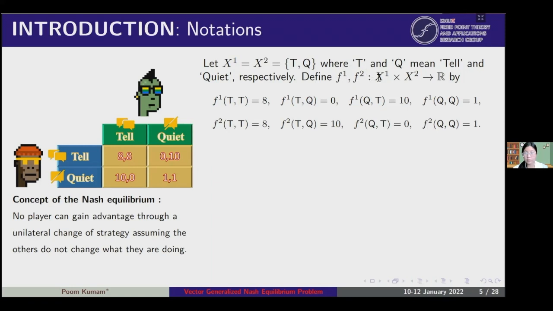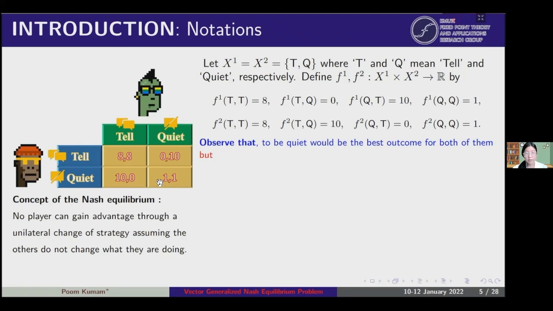Both functions map from the strategy set to the real numbers. As explained, if player 1 plays tell and player 2 plays tell, the loss function of player 1 is 8 and the loss function of player 2 is also 8. Other values can be observed like this. We can see that keeping quiet would be the best outcome for both of them, right?